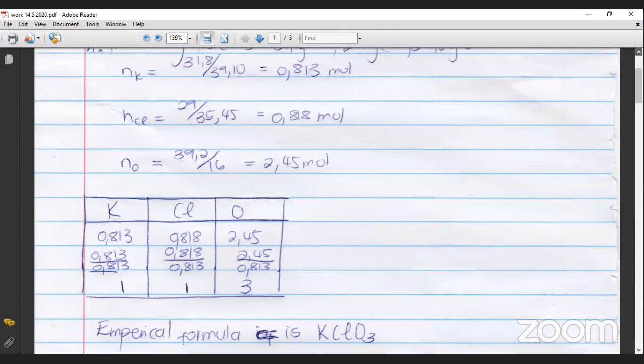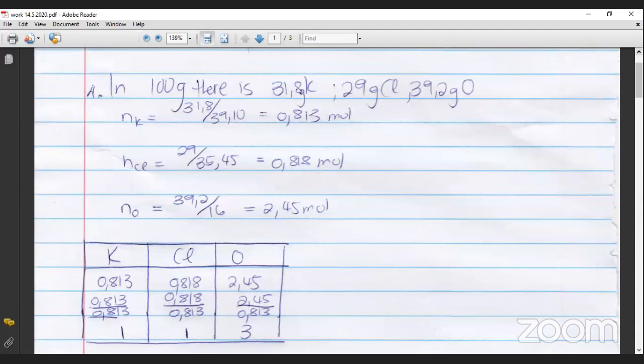So if you check here what I did, first of all, I looked for the number of moles of each of them. You can see there for potassium is 31.8 divided by 39.1.